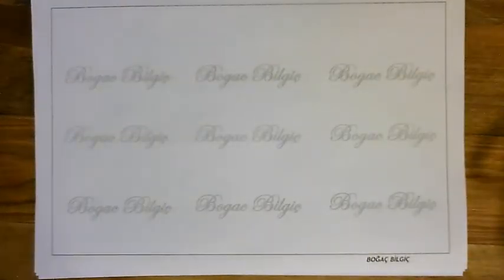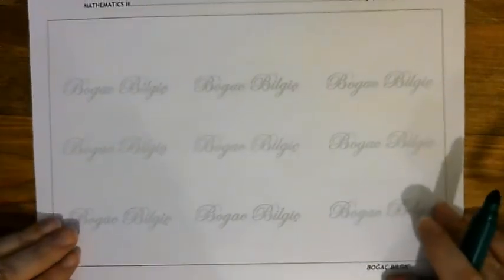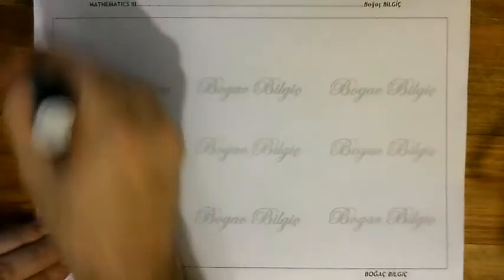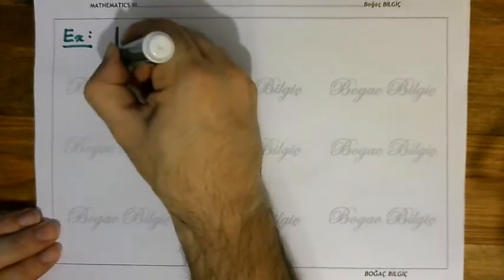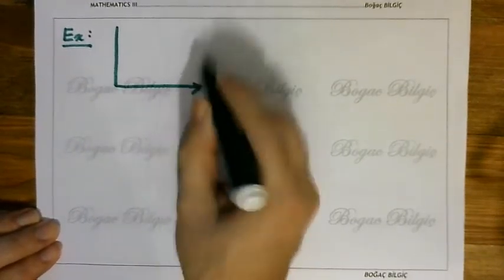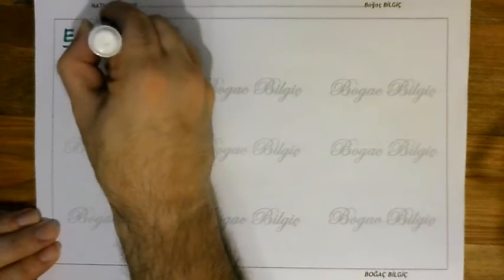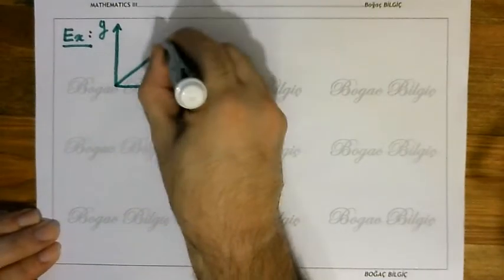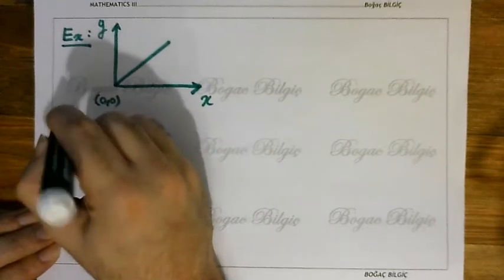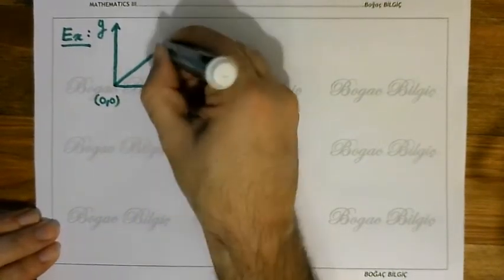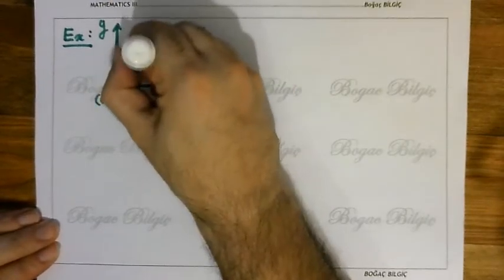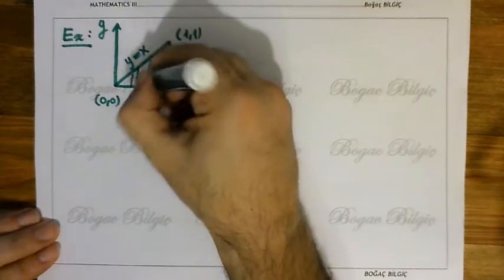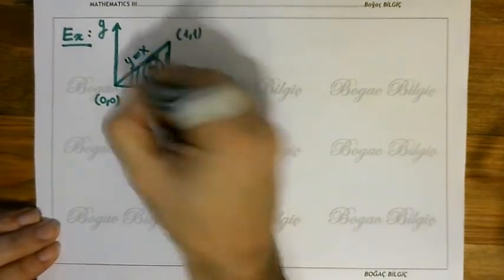Example. The region D is bounded by the points (0, 0), (1, 0) and (1, 1), with the line y equals x. This is the D region.